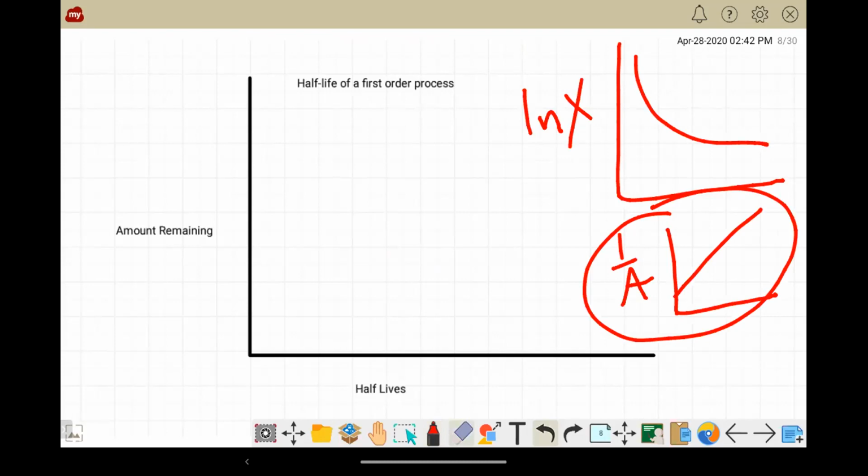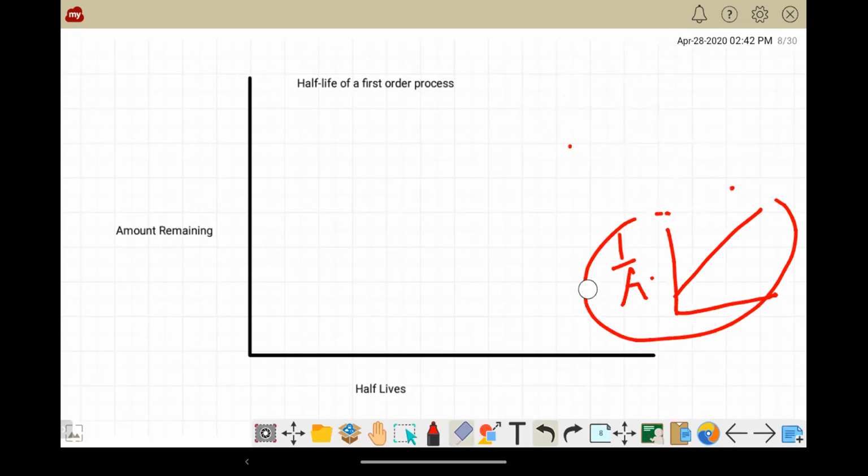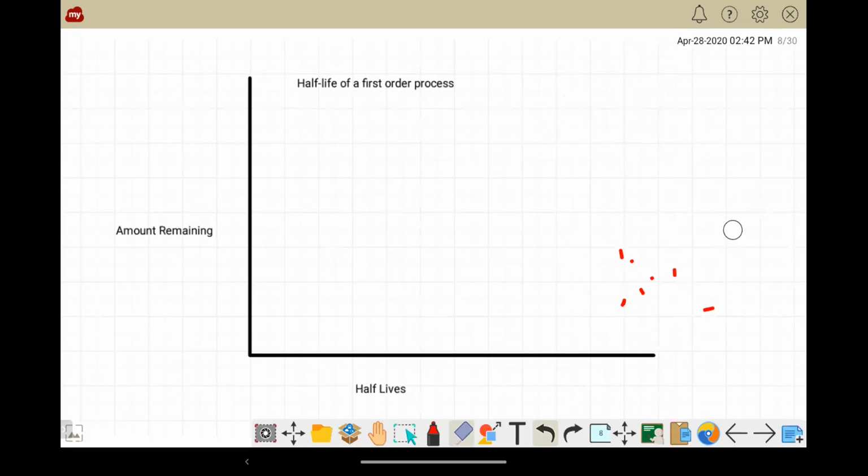But what if they give you the amount remaining and it's not a straight line, and that's all they give you? They don't give you the linearization, and you have to pick one. You can use that amount remaining graph to determine if it's 0, first, or second order. Obviously, if that graph is linear, it's 0 order. If it's not linear, then it's either first or second order.